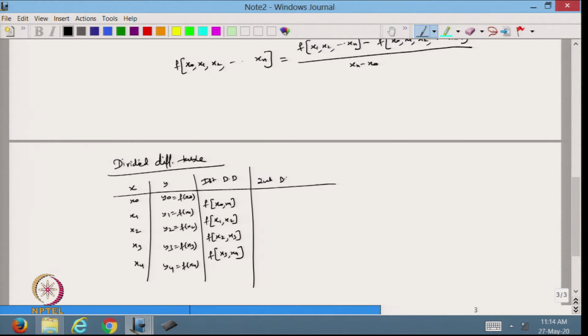The second divided difference is, so from here I can write this as f, so this and this, so it will be x0, x1, x2, this will be x1, x2, x3 and this will be x2, x3, x4. So I can write the third one.